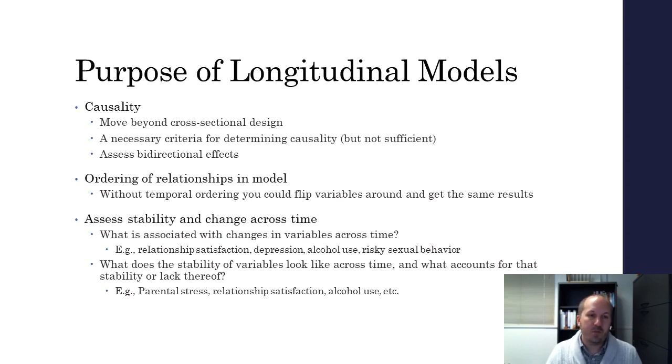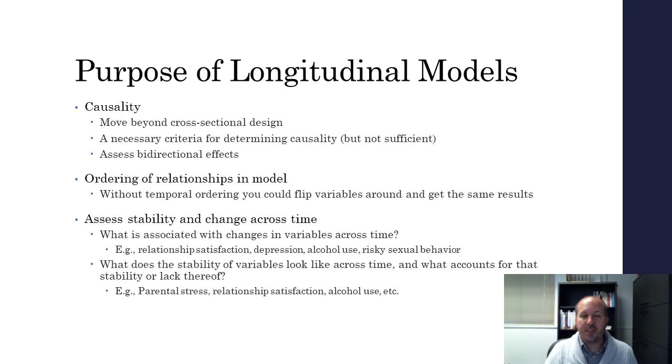When we're doing longitudinal designs, there are some things that we also are asking about. Most specifically, we'll see this in our autoregressive models, and also in our latent growth curve modeling, that we are really looking at stability and also change across time. So we'll ask research questions about what's associated with changes in variables across time.